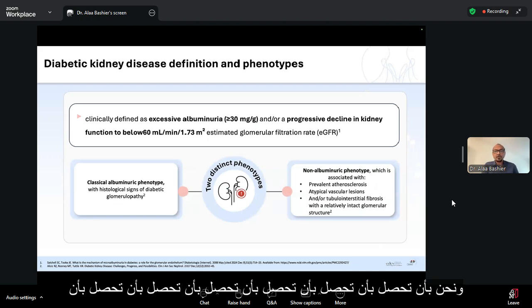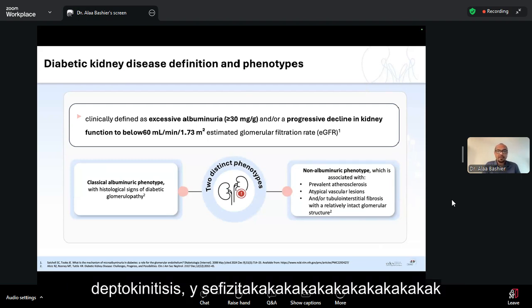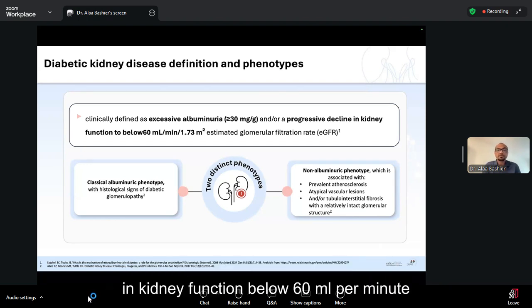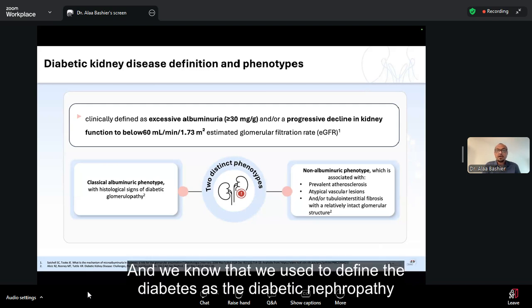To start with, I would like to make sure that we agree on the definition of diabetic kidney disease. It's defined as excessive proteinuria or albuminuria more than 30 milligram per gram, or a progressive decline in kidney function below 60 ml per minute.